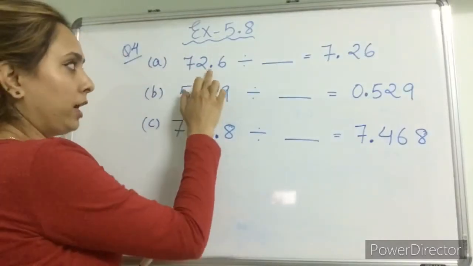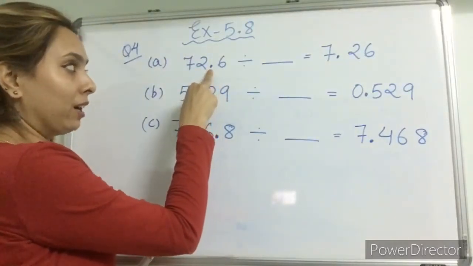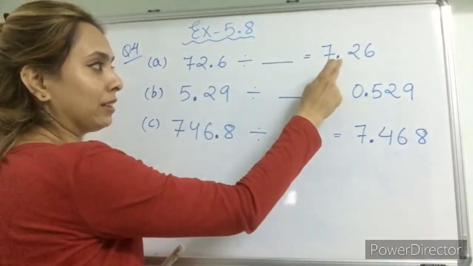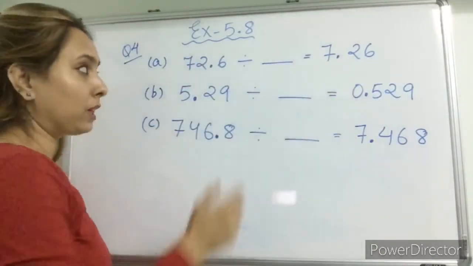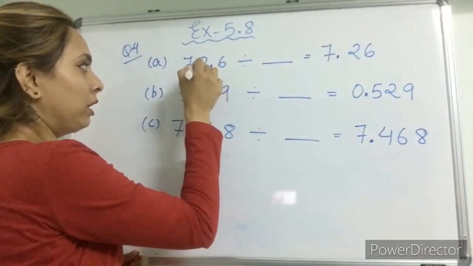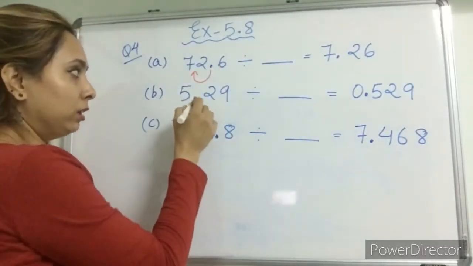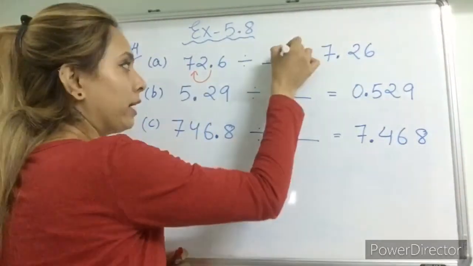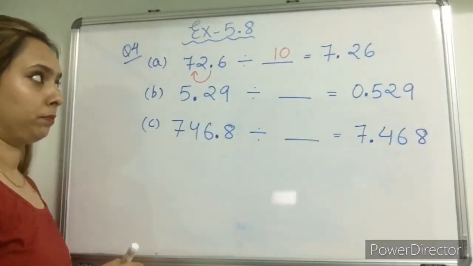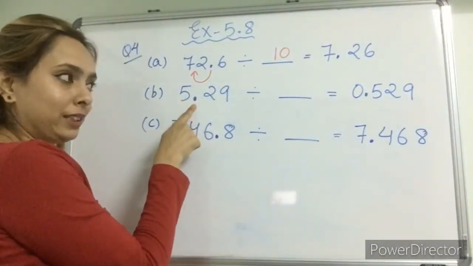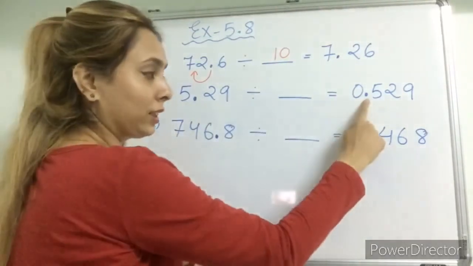Check it out. Here we have the decimal after this 2, and here we are having this decimal before this 2. This means this decimal has shifted on the left side, only one number, so the divisor is 10. In this question, the decimal is here, and in the answer the decimal is here.